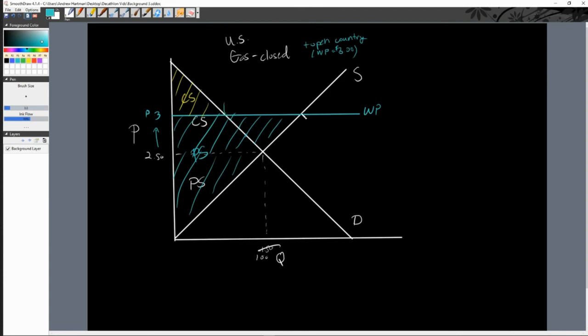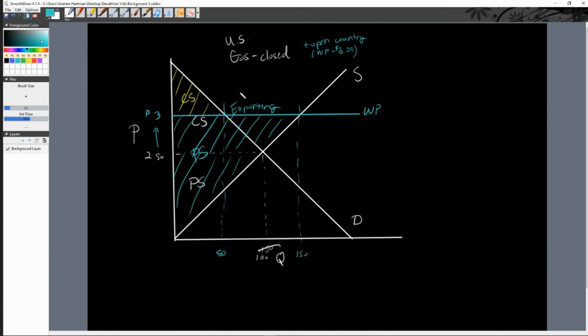So what's happening to the rest of those goods that are being sold? We can see here we have this huge block, and this amount is going to be exported to the world market. Let's say that about 50 units are being bought within the United States, and overall, 150 units are being bought worldwide.